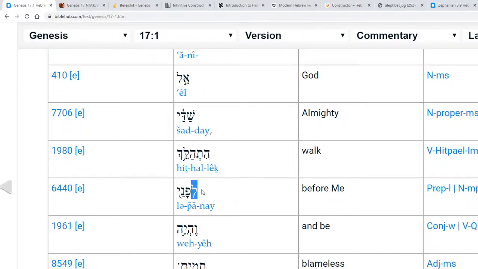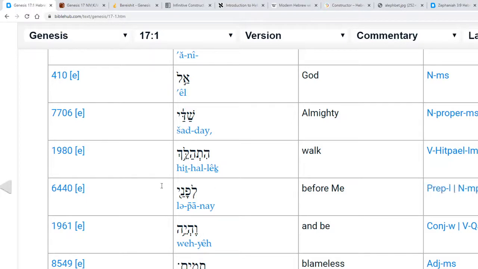So prepositional lamed. Lamed is usually translated as to, right? And panai. So panim. Okay, so pone means to turn or to corner, or a corner. Panim is face, and it's in the plural in the Hebrew. So lefanai is actually before me.